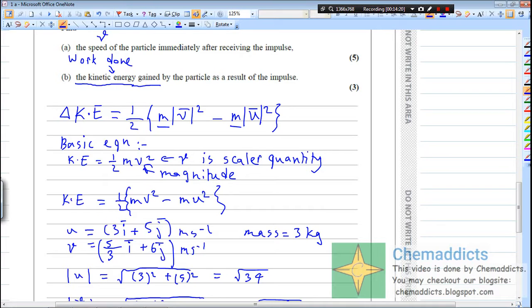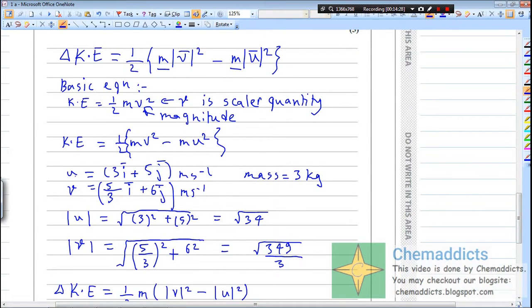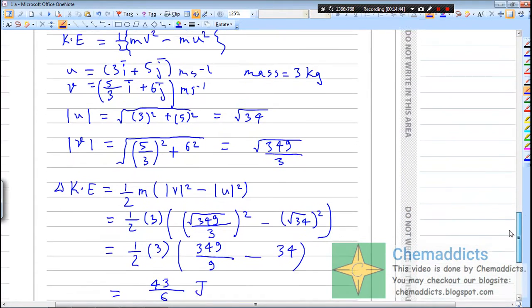In the next step we have found the magnitude of the final velocity and the initial velocity. Here it is the magnitude of initial velocity, here it is the magnitude of final velocity. Finally we substitute the values.